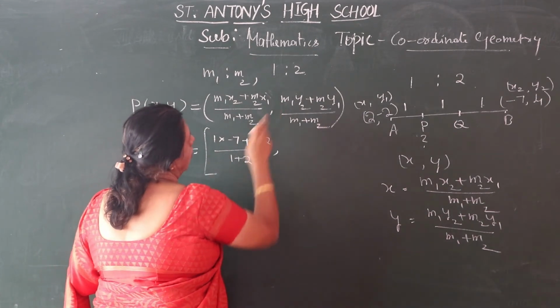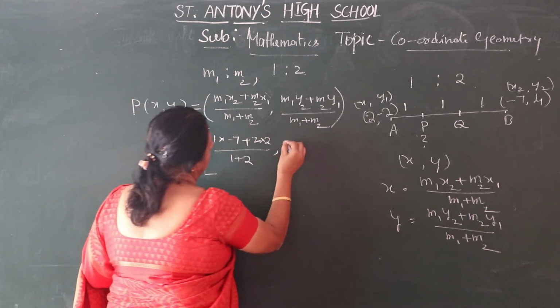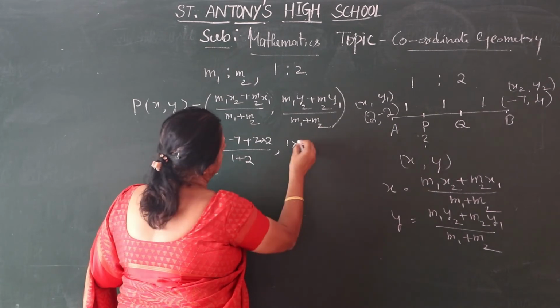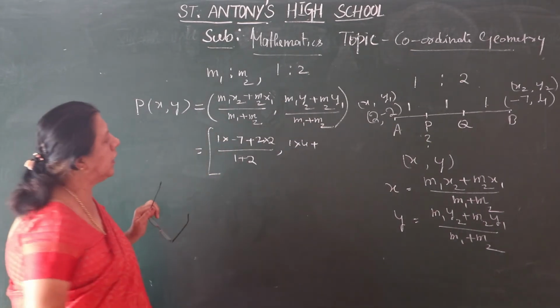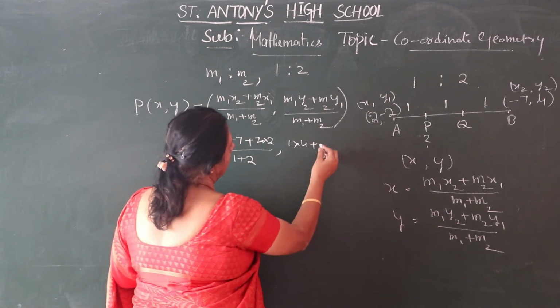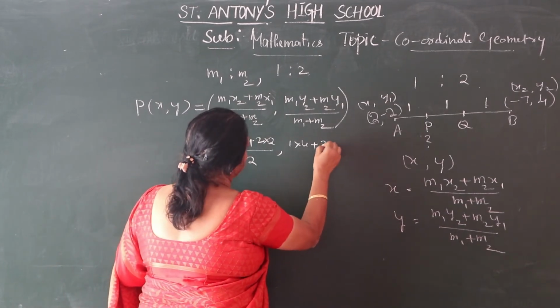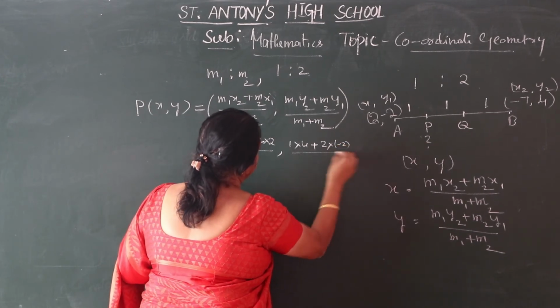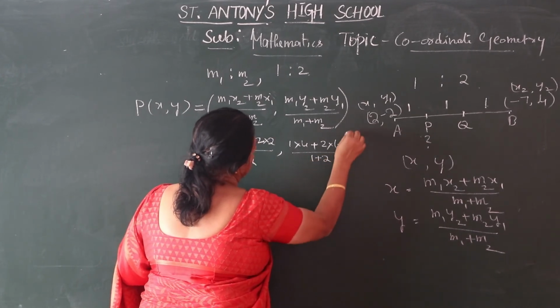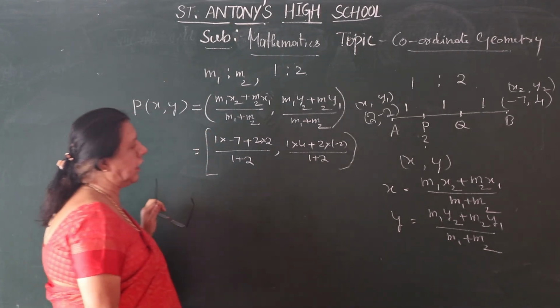Here, M1 is 1 into Y2, which is 4, plus M2, which is 2, into Y1, which is -2, divided by 1 plus 2. Very easy, children.